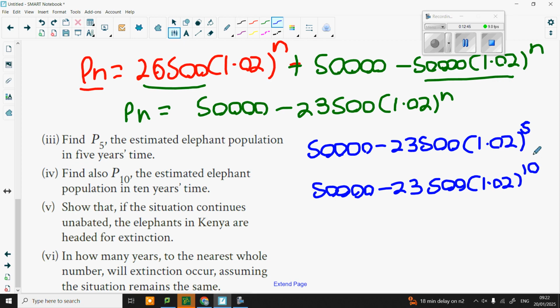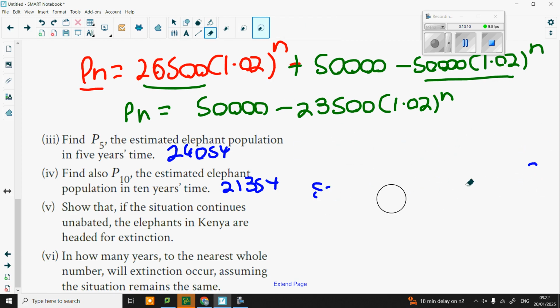After 10 years, what do you get? Anybody? 21,300. And what do you know about the elephant population? It's going down.